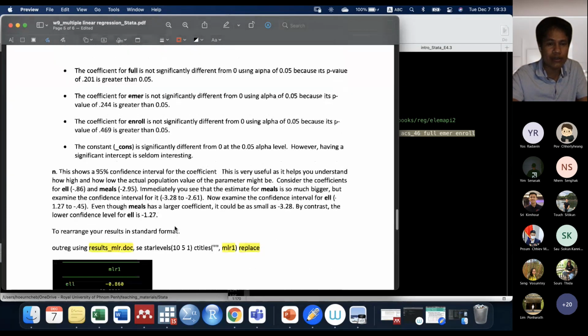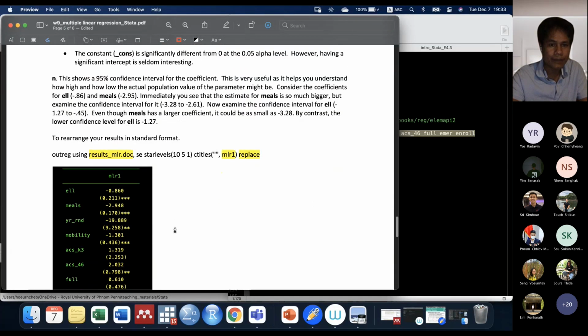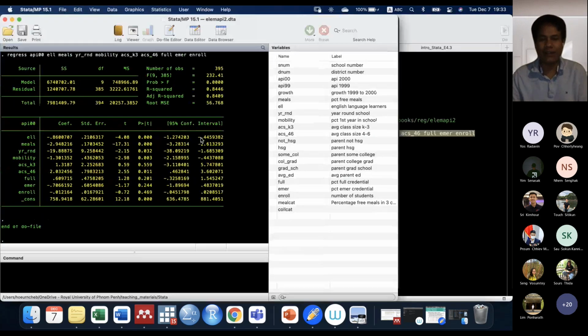But what I am going to take you through next is how you are going to extract this regression result into your report, right? One way is that you have to do it manually.